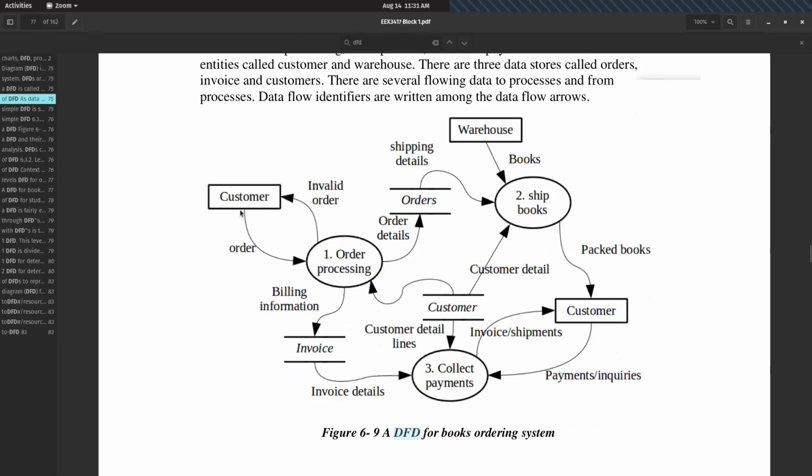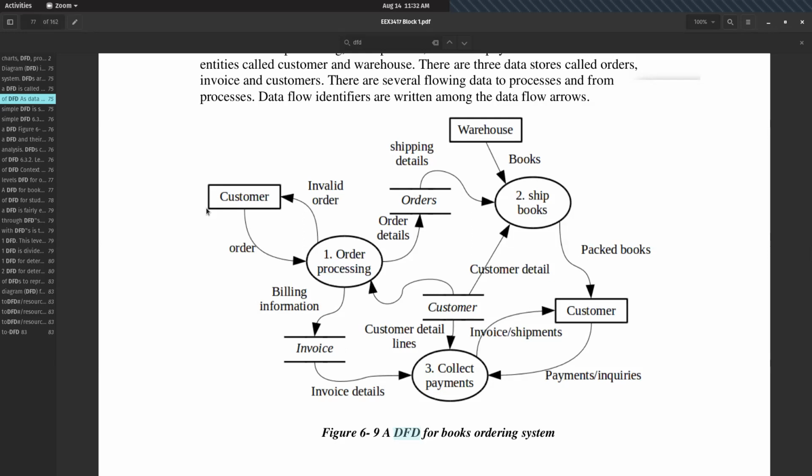And from this, what are the entities here? Can you check what the entities are here? Customer and warehouse, yes.